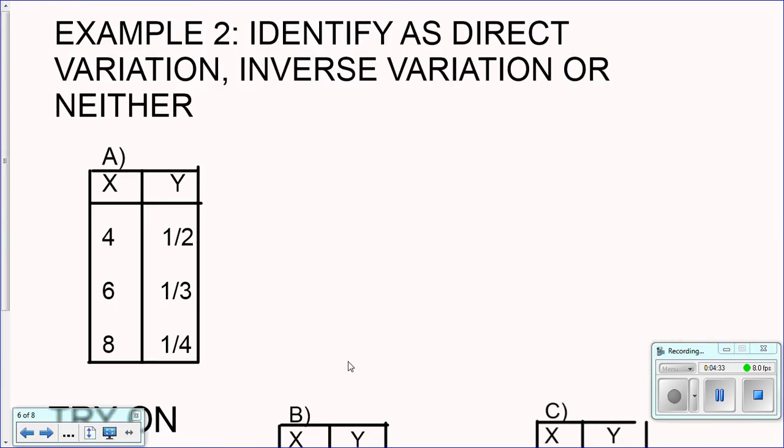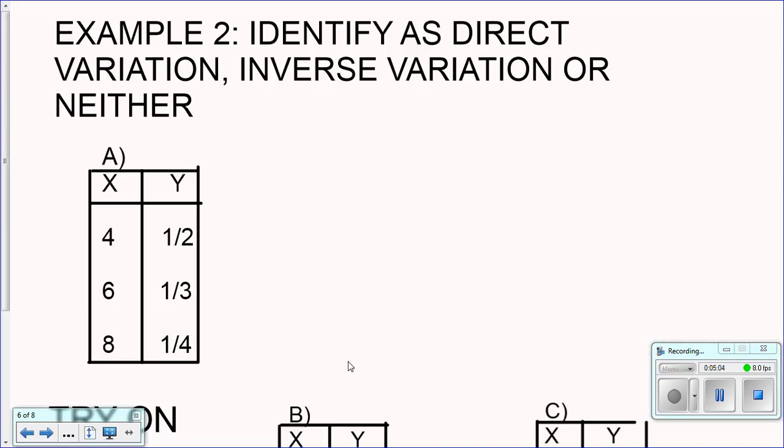Now with the table, when we're trying to figure out if it's direct or inverse, like I said before, direct variation has a very specific relationship between the x and y of each ordered pair, and it's going to be the same kind. That relationship is really k. For direct, we do y over x. For inverse, it's the same idea, but their k is x times y. You should be getting the same number.